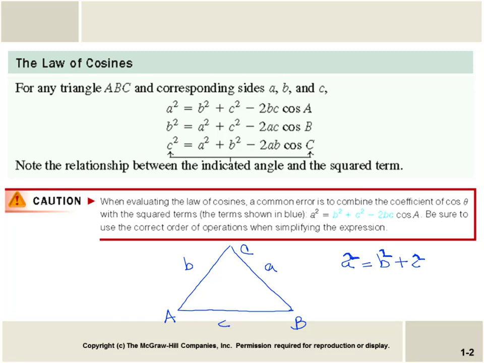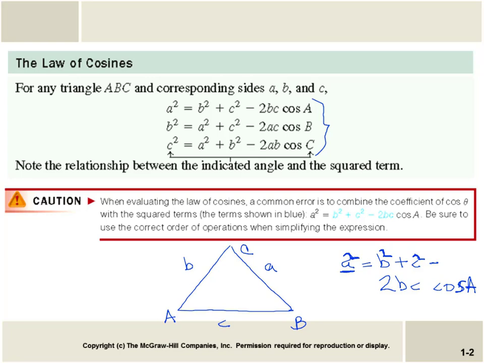So there's that part. Now what I'm going to do is subtract 2, and then the same letters, whatever letters I have right here, B, C, I'm going to subtract that. And remember, it's a law of cosine, so cosine of the angle that has to do with what I'm trying to find. So why am I going through all this? Because there's 3 formulas here, and they all really say the same thing.